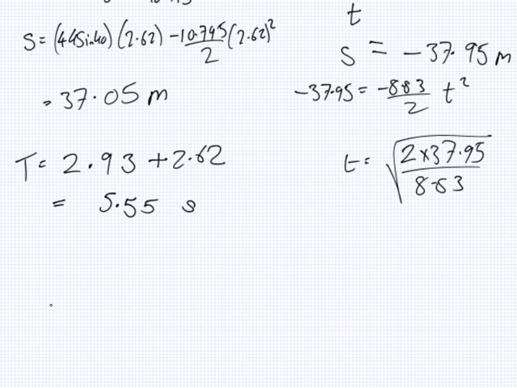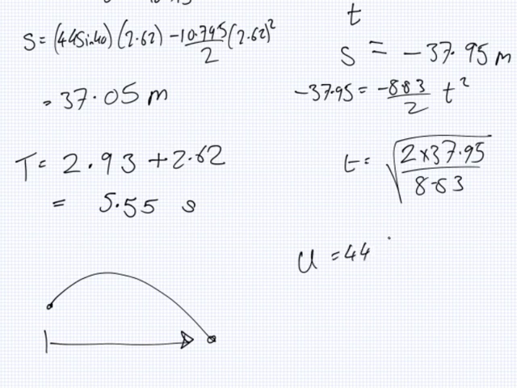Now we can finally answer the question about the range from here to here. U equals 44 cos 40. V we don't know. A will be minus 0.1 over 0.1019. T is 5.55.